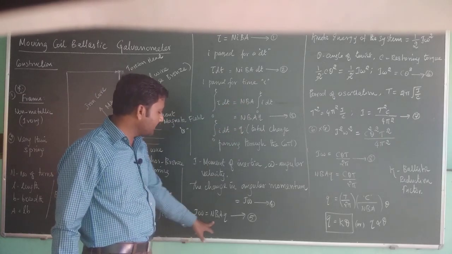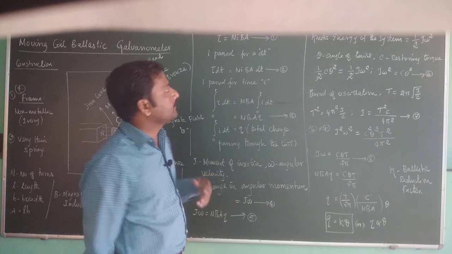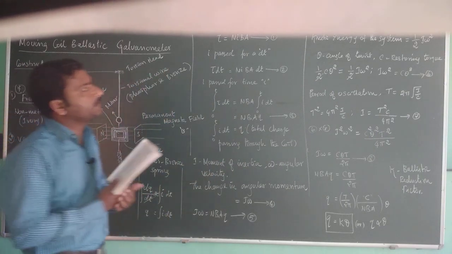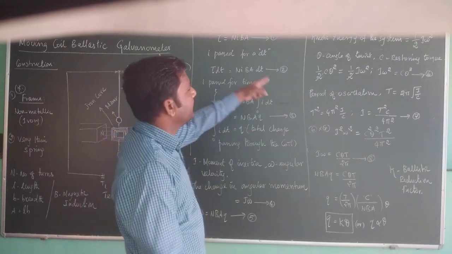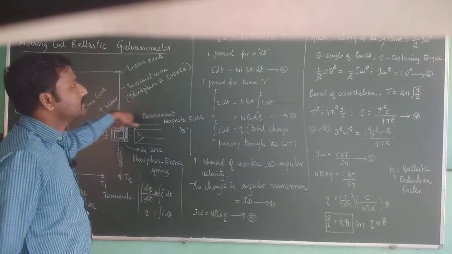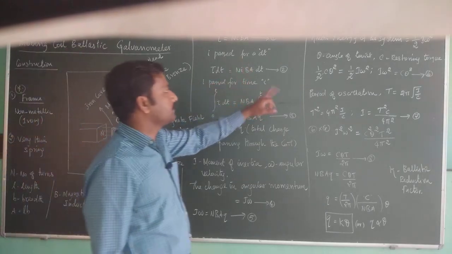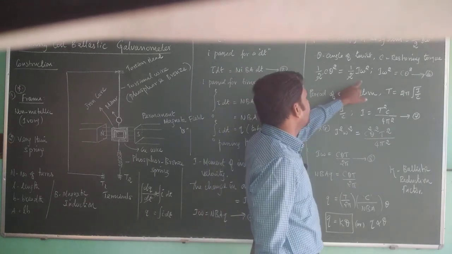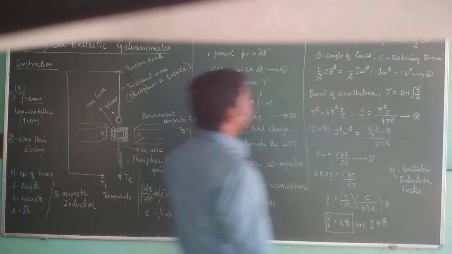We get this expression: I omega equal to NBq. The kinetic energy of the system to move this coil we can write as 1 by 2 I omega square. We define the angle of twist of the wire as theta, and the restoring couple of the wire as c, and we equate the kinetic energy with 1 by 2 c theta square, so 1 by 2 c theta square equals 1 by 2 I omega square. From this we can write I omega square equal to c theta square.